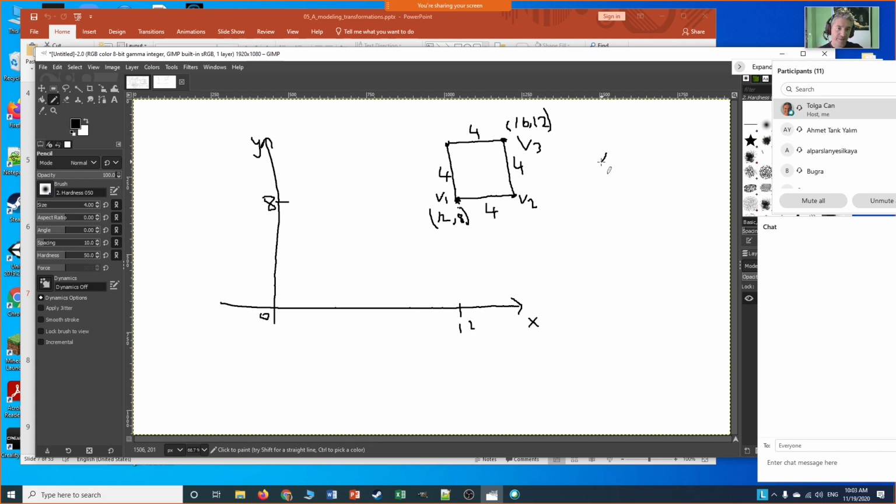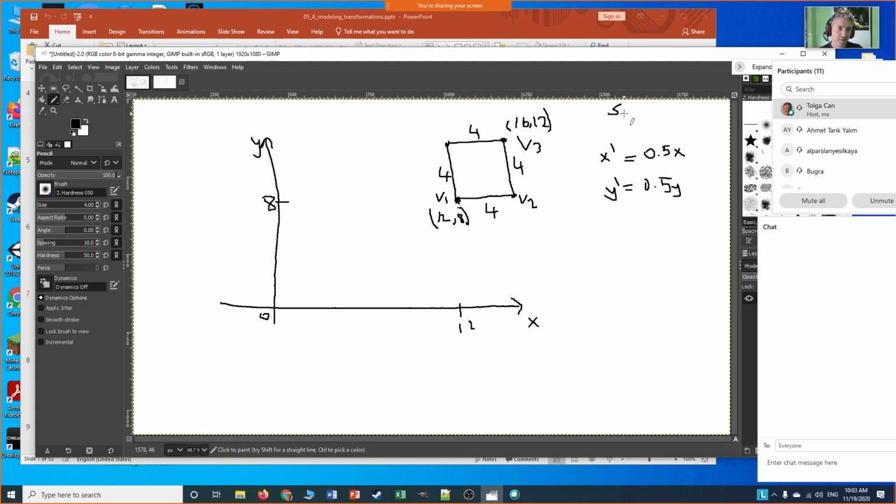One thing to do that, for example, is x prime is half of what x is, and y prime is half of the original y. So with a scaling, these are the scaling parameters.